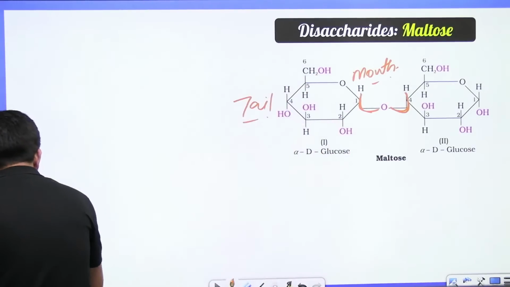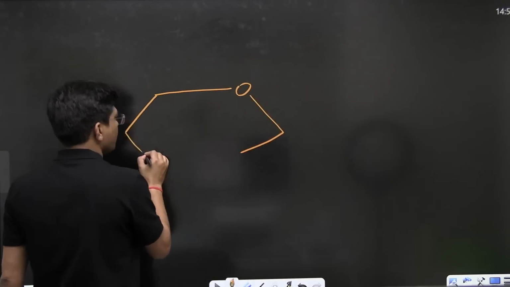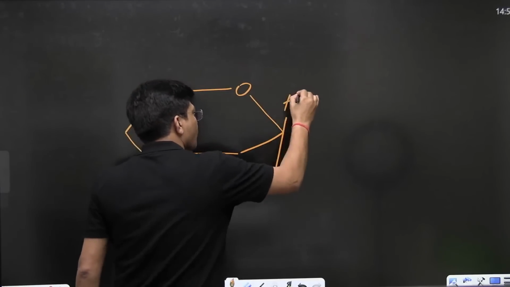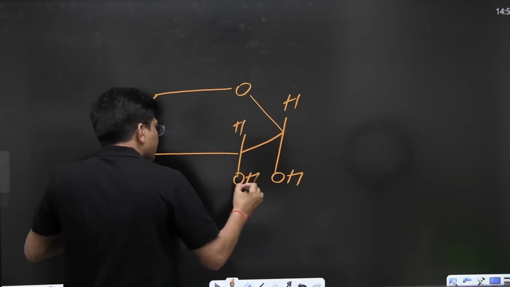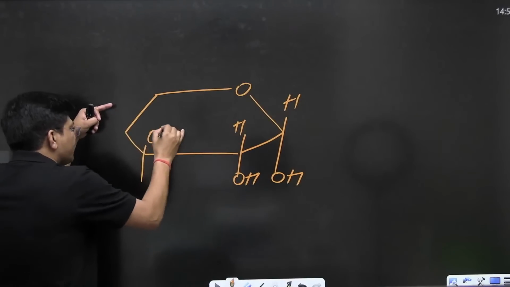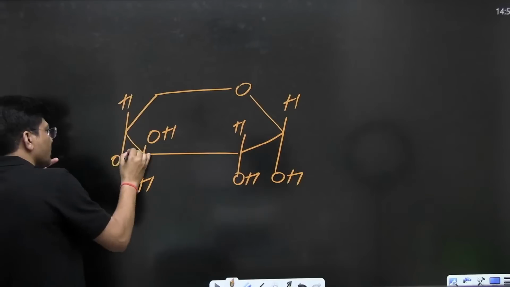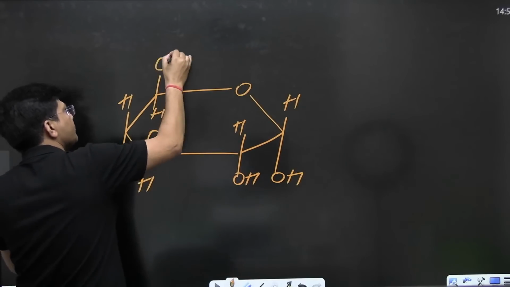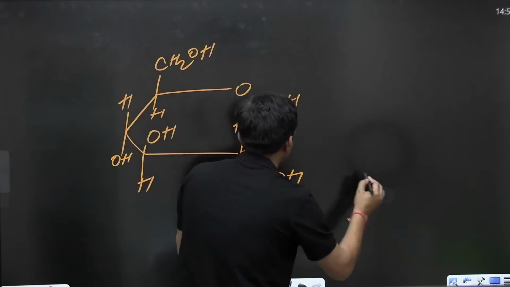See to it, everyone. H, OH, H, OH, and the 3rd carbon OH should go upward side. H, OH, H, CH2OH. This is 1 alpha D glucose. And what I'm saying, my dear students, is this is the mouth.